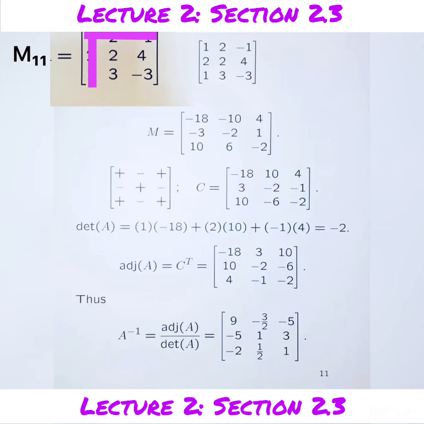It's the matrix A where I cancel the first row and the first column. Then I take the determinant of this resulting matrix, indicated with the black lines on both sides.